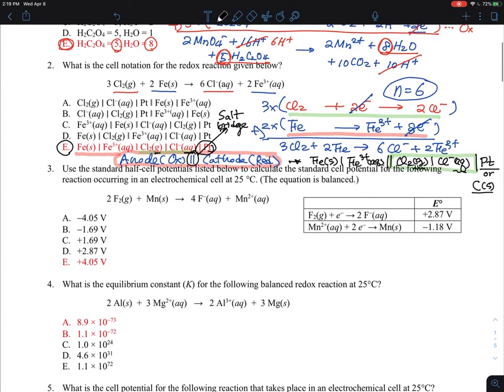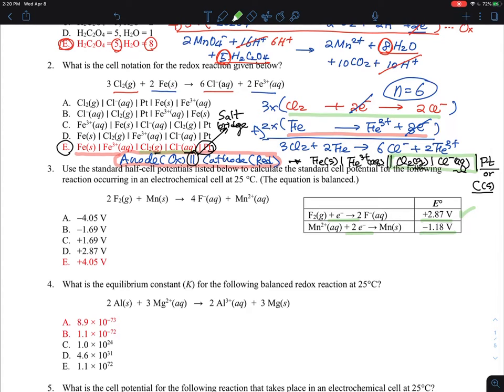And number 3, I like this problem. This one is quite nicely given. Their standard reduction potential. If you look at here, this is the reduction potential. And if you look at that, which is the winner? This one wins, right?